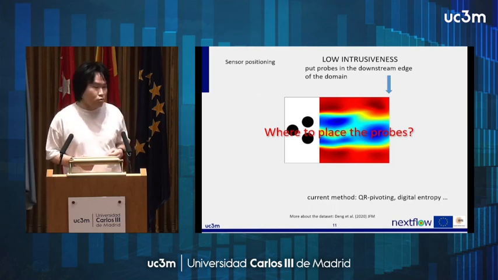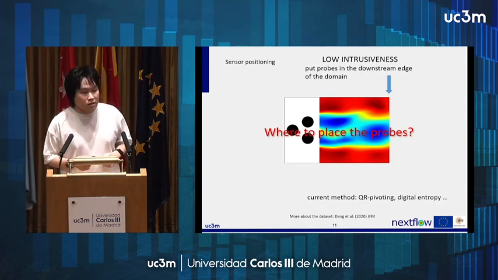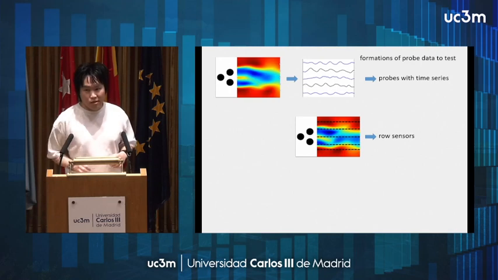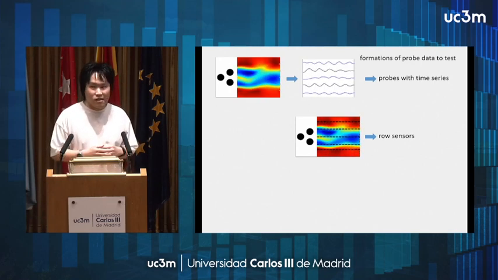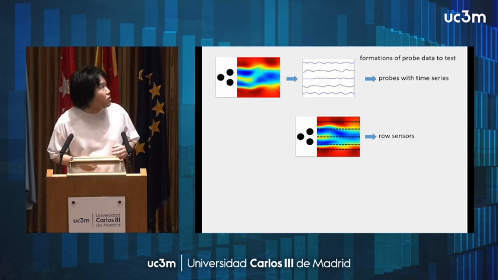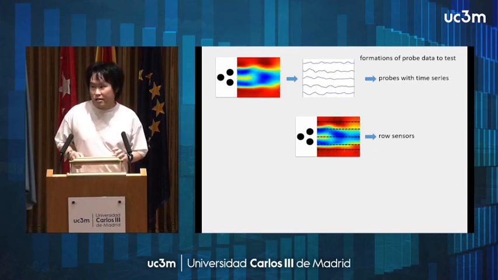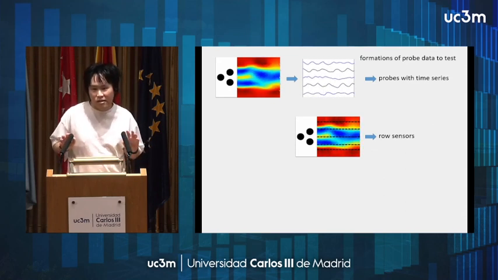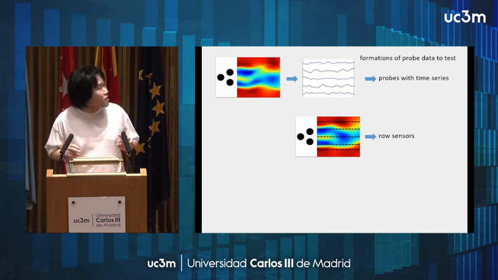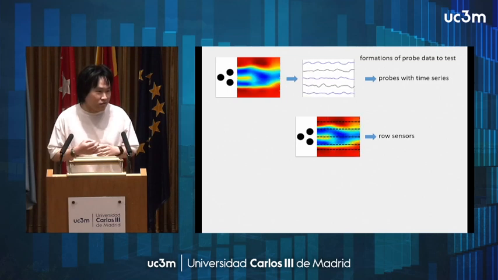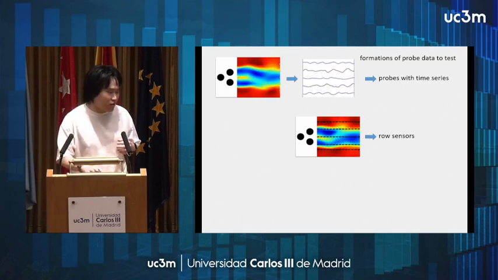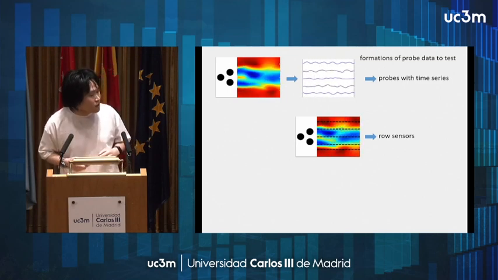For this reason, we place the probes at the downstream edge of the field and use the time series, such that they look as if they were a signal across the whole field. If the turbulence is fully frozen, it can be considered as a signal across the whole domain.